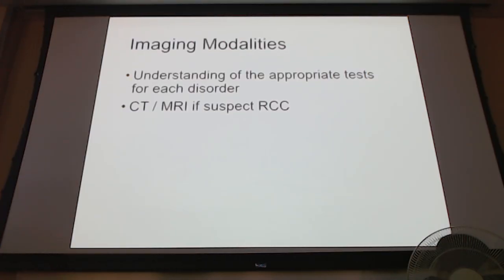CT urogram is the three-phase CT scan that looks at the kidneys, with a non-con phase, then a vascular phase, and then a drainage phase, right? It shows the contrast going down from the collecting system down the ureters to the bladder. You can also use renal ultrasound to evaluate for hematuria, depending on a patient's risk stratification.